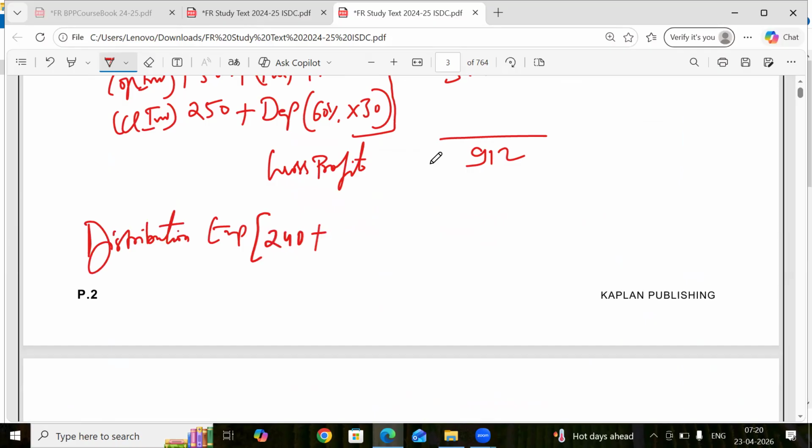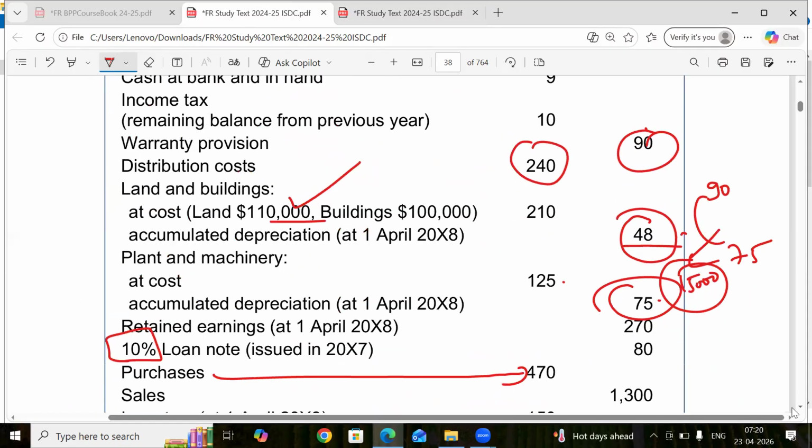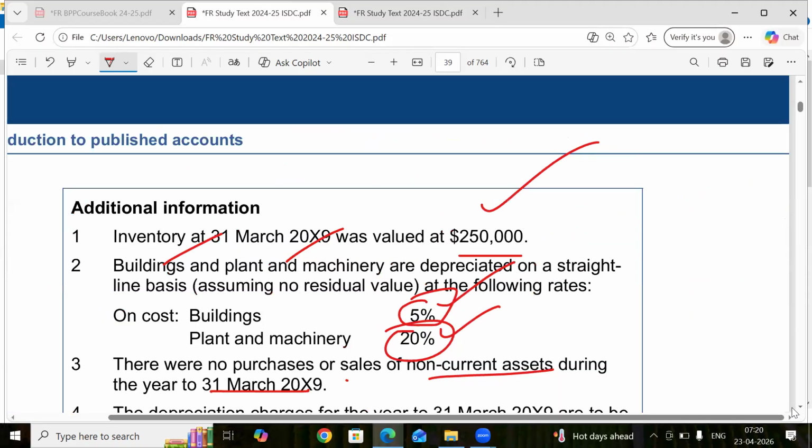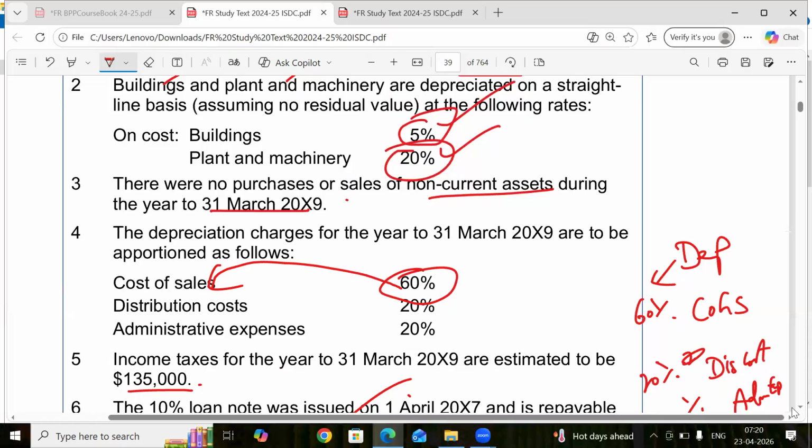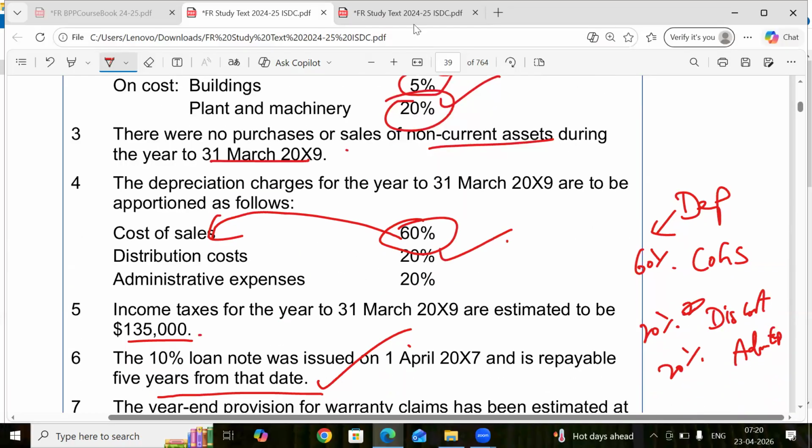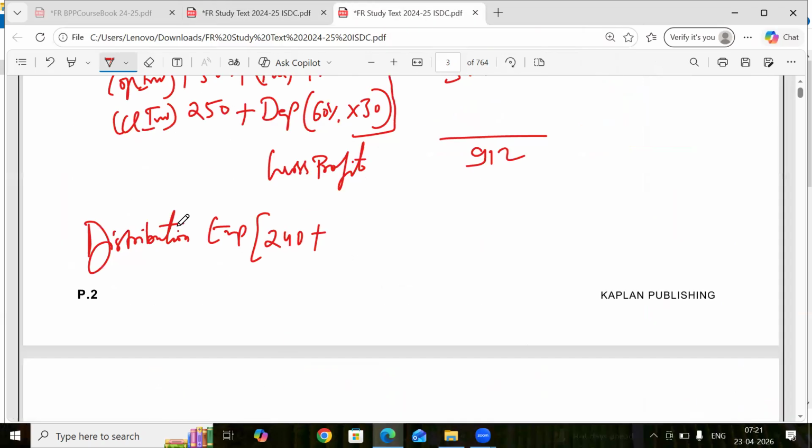And you know what adjustment was given related to depreciation? Whatever the depreciation I got, 30, 20% of that should go to distribution cost. 20% of 30 is 6. So we will get 246.